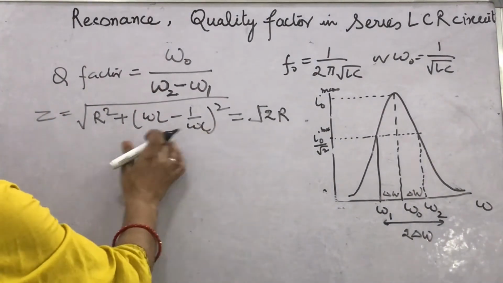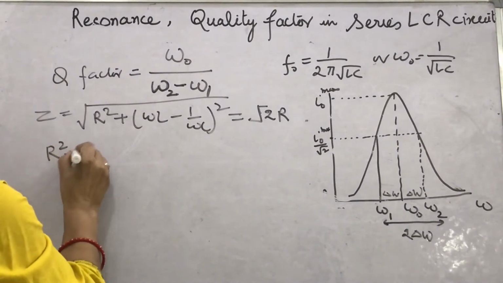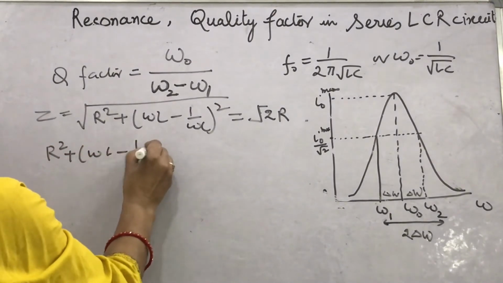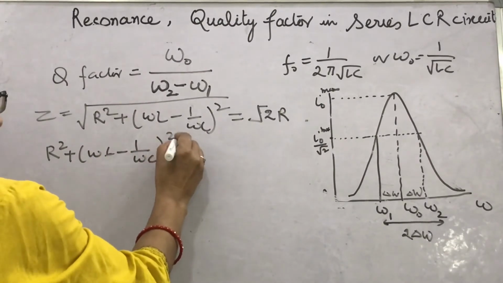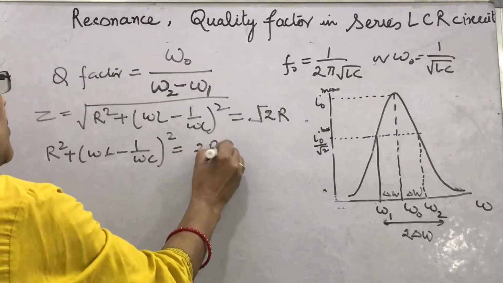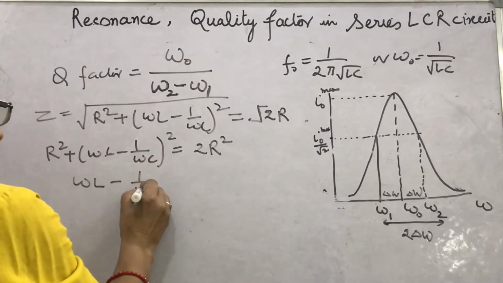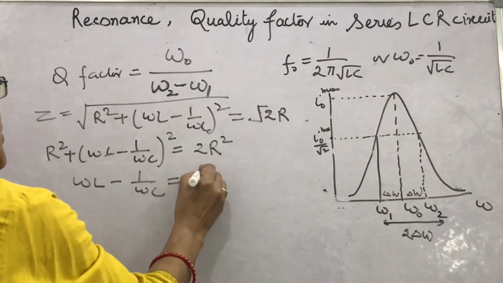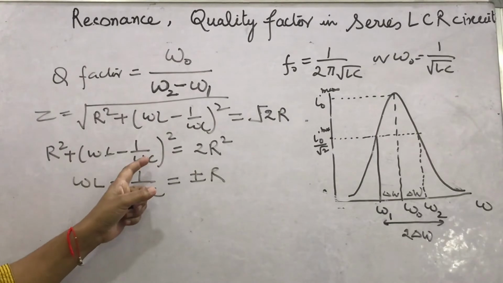If you take the square on both sides, you will get R square plus omega L minus 1 upon omega C whole square equal to 2R square. That is, omega L minus 1 upon omega C equal to plus minus R, taking the square root on both sides.